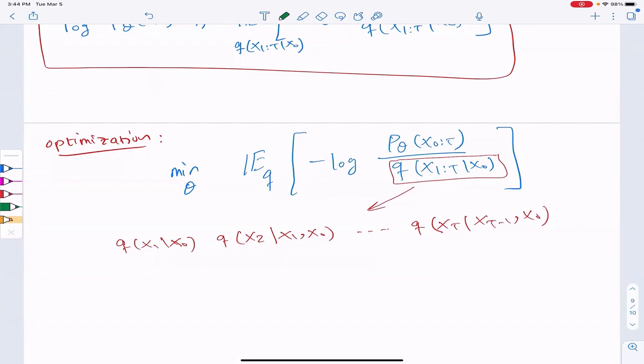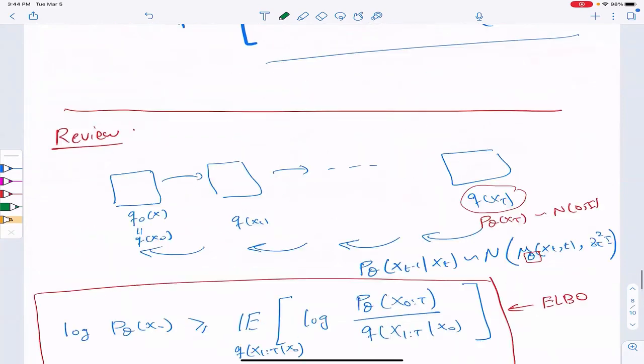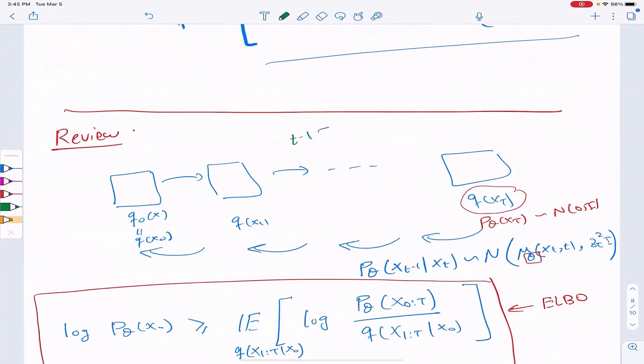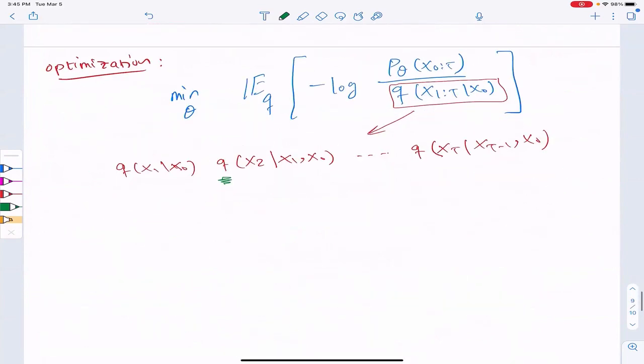And there was a comment saying, look, you argued that q has a Markovian property, meaning that if I have the distribution at time t minus 1, I have the distribution at time t. q is the forward process, right? So if I have the distribution at t minus 1 for q, I have the distribution at time t. Then why do you keep x0 in your conditioning?